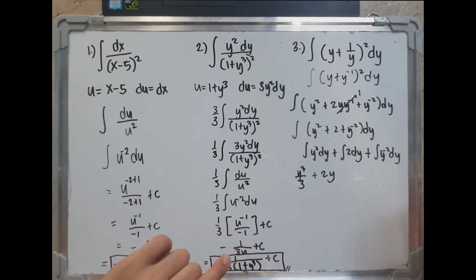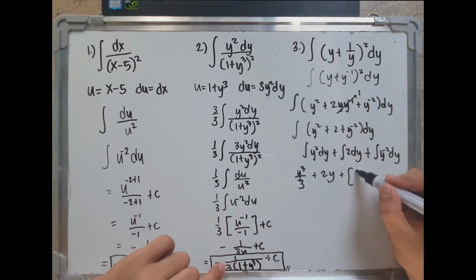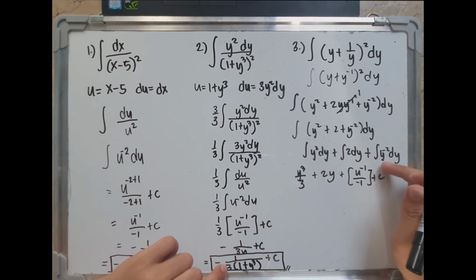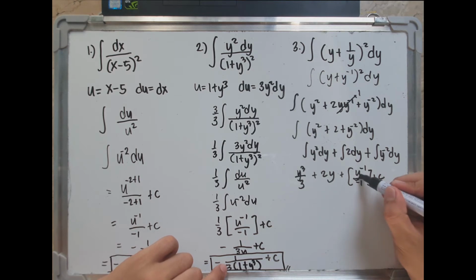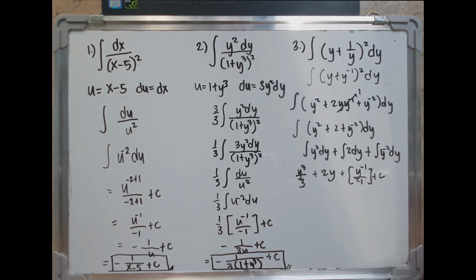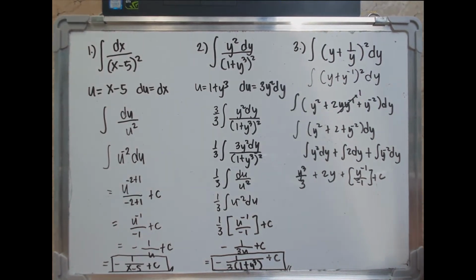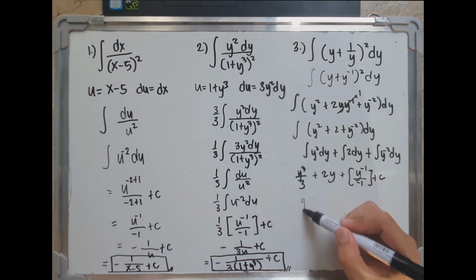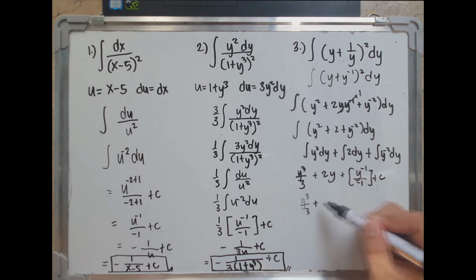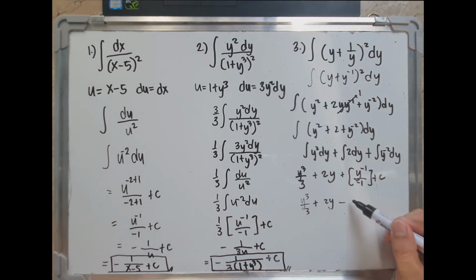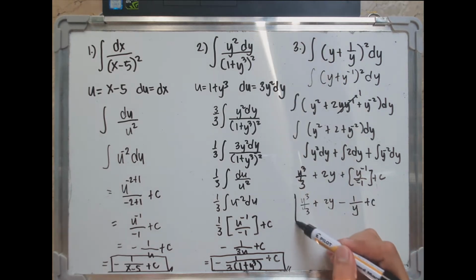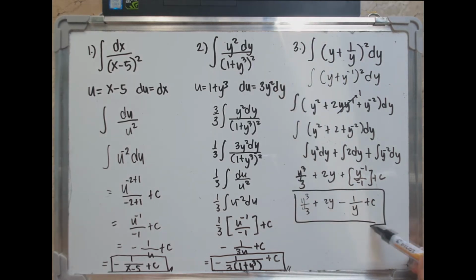That is equivalent to u raised to the power of negative 1 over negative 1 plus c. Since we are using y, so this is y. Okay? So rewriting, we now have y cubed over 3 plus 2y minus 1 over y plus c. This will be our final answer.